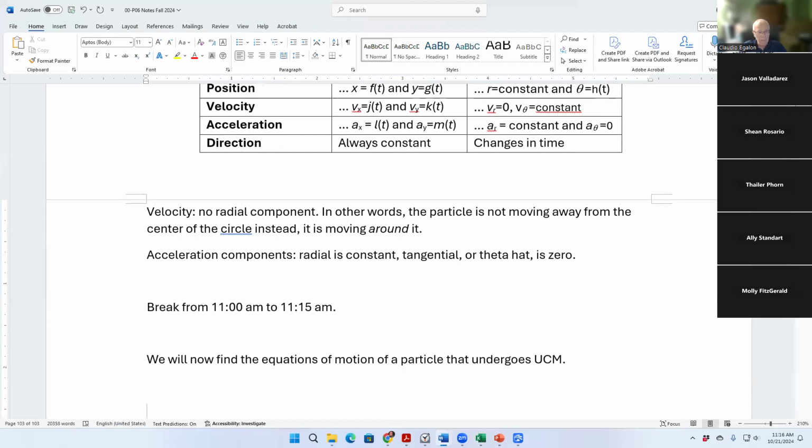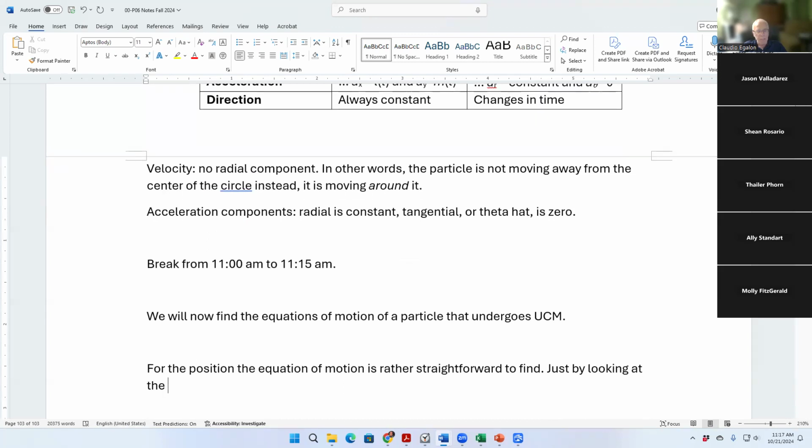For the position, the equation of motion is rather straightforward to find, just by looking at the illustration, right?